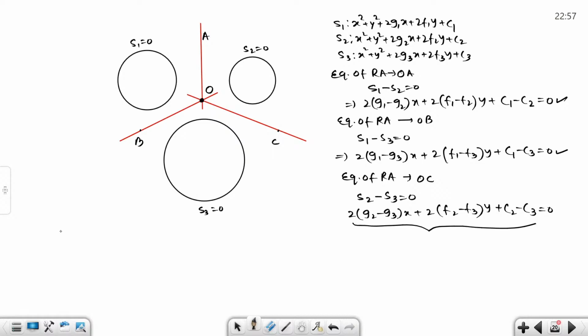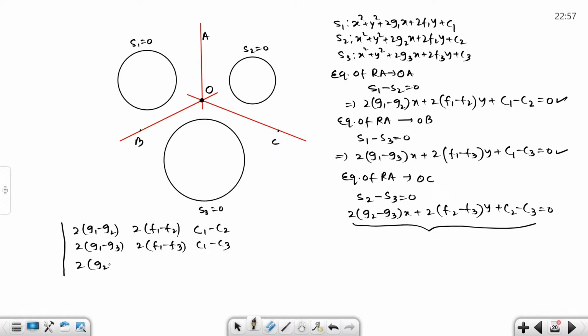So, what is the condition for concurrency? I am writing it in determinant form. If we can prove that this is equal to 0, it means that these 3 lines are concurrent. This is the condition for concurrency.